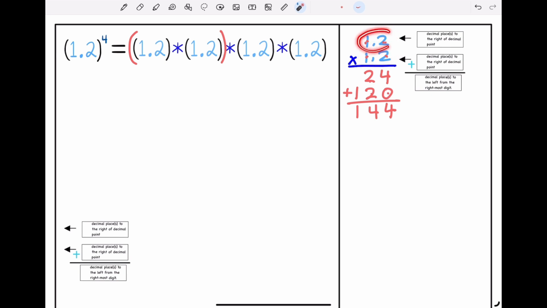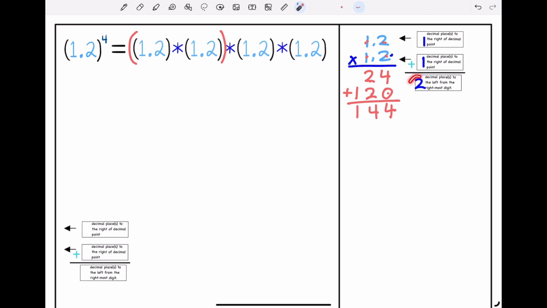Since 1.2 has 1 decimal place to the right of the decimal point, we have 1 here. And then we have the same for this 1.2 here. So we have 1 decimal place for both of our numbers. Now we have to add what we counted on our first step. And so we have 2 decimal places total.